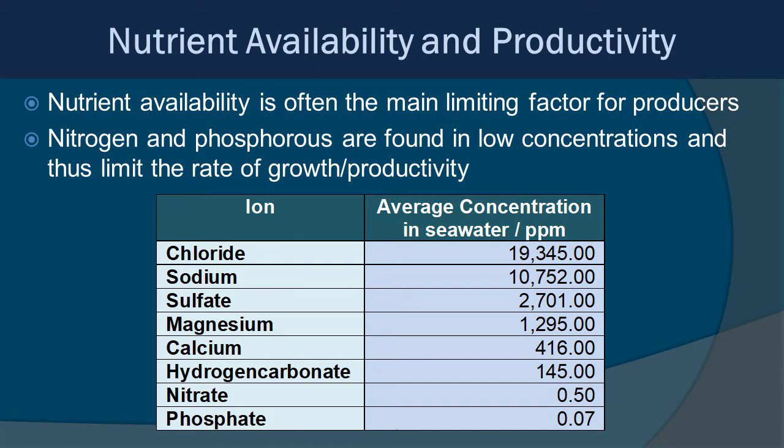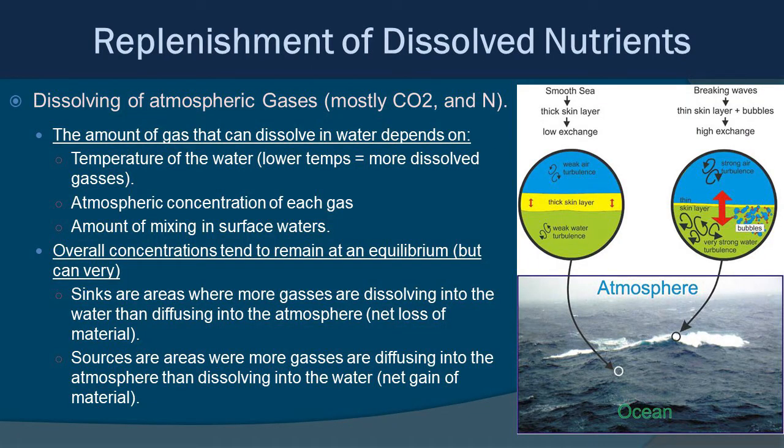They are incredibly small, 0.5 to 0.07 parts per million, compared to chloride, calcium, and all these other ions. So great, we have all of these nutrients out there. They're really important to organic molecules. We know they have biotic and abiotic components to their cycles. How do they get replenished? That's the series of things we're going to go over now.